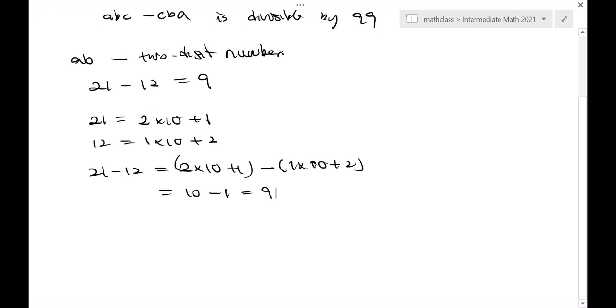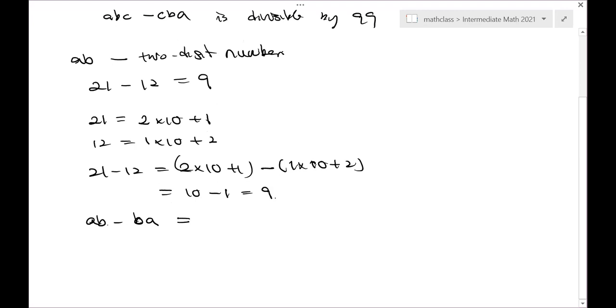Now, if I put a general number there, AB minus BA, if I can express them in this form, like 2 times 10 plus 1, then probably I can solve the problem.